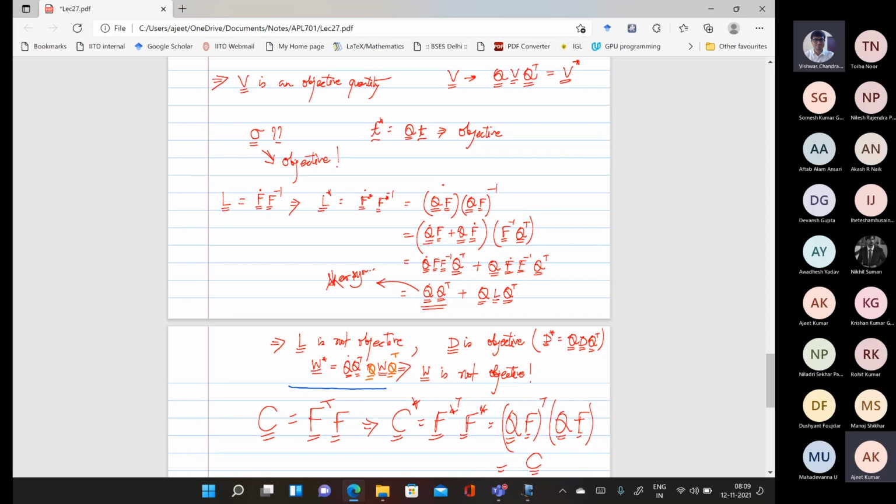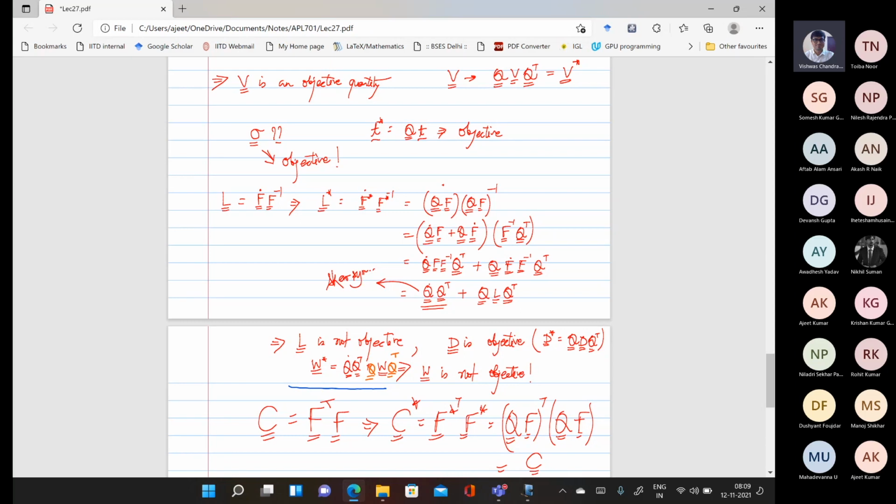Very good. Now next, sir, if A dot, our material time derivative, is objective, there can be two ways, because normally A dot is not objective. In general, A dot is not objective. That is true. But if we want it to be objective, then can we think of some rotation tensor Q which is not changing with time, then Q dot may be 0, and then A dot also will be objective? Or we have to put a restriction on A?